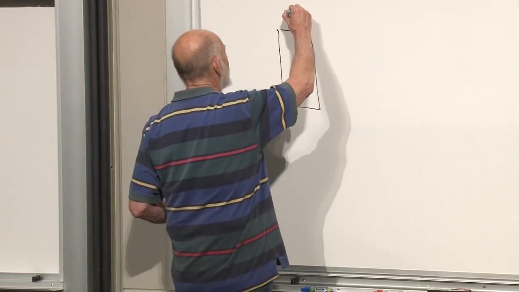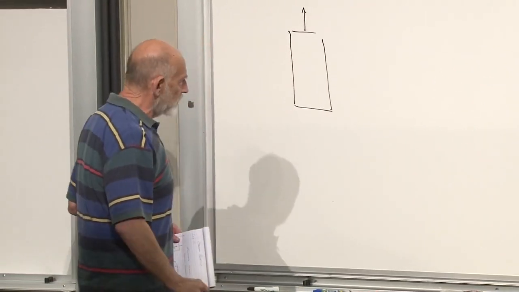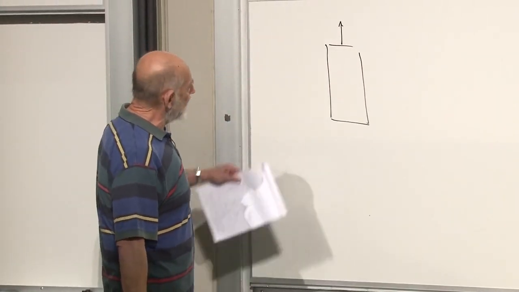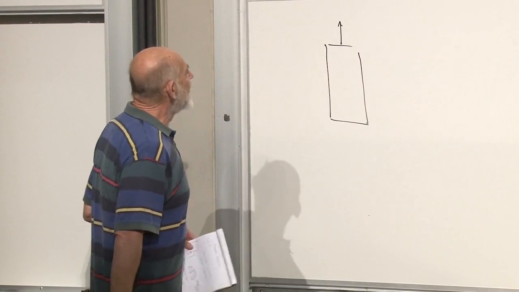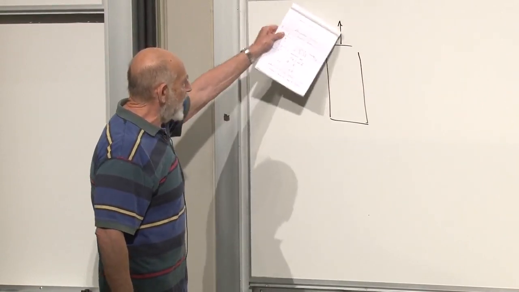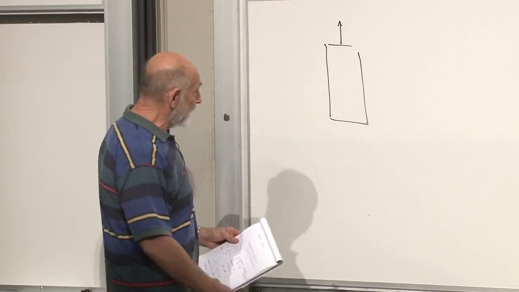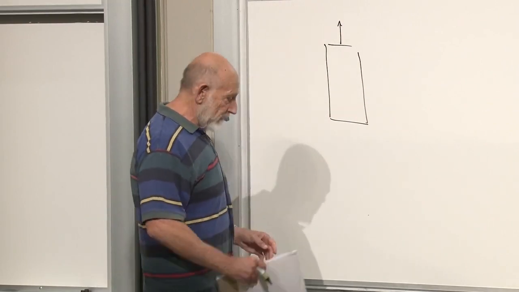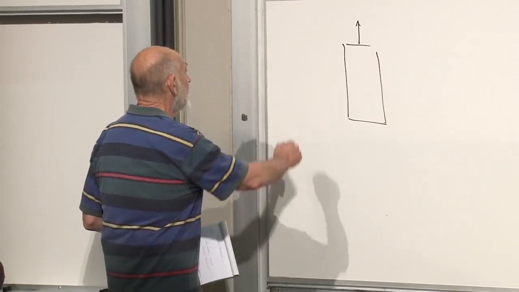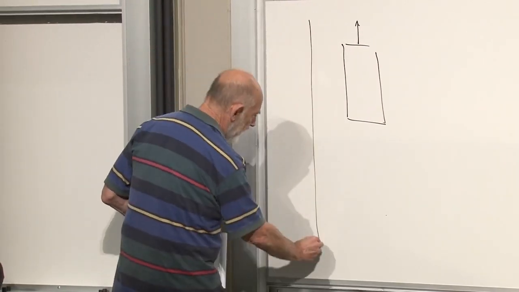And let's think of an elevator. An elevator is moving upward. It may be moving downward, in which case this velocity vector here is negative. But let's draw just a velocity vector. This is not a cable pulling it up, or it could be a cable pulling it up, but it's just a velocity vector. Okay, the velocity vector is up, and there are two coordinate frames.